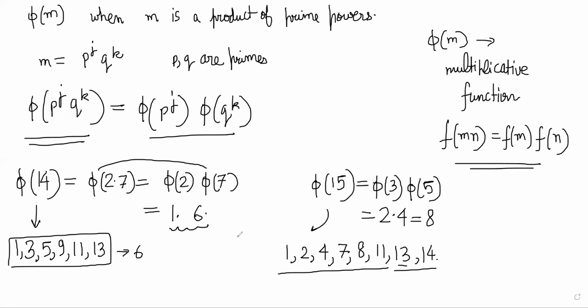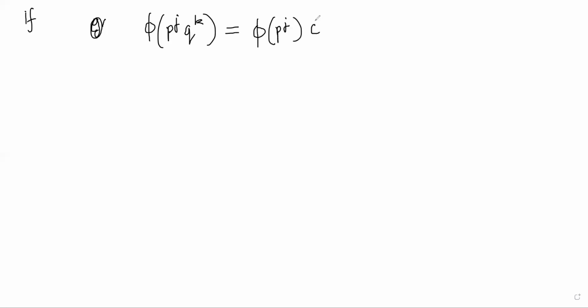So now our guess is that the result will be this. If so, notice that so far we are doing phi of prime powers, right? Yeah. We are guessing that this is true. But notice one thing, that P and Q have GCD 1, right? Because they are different primes, right? Yeah.